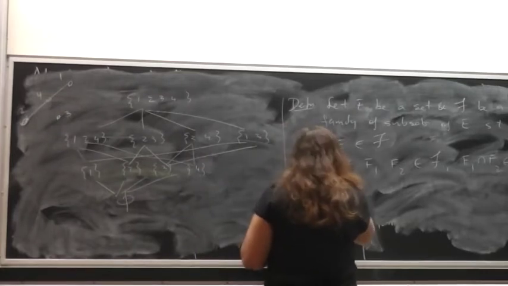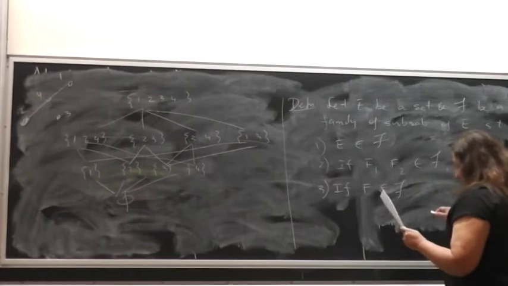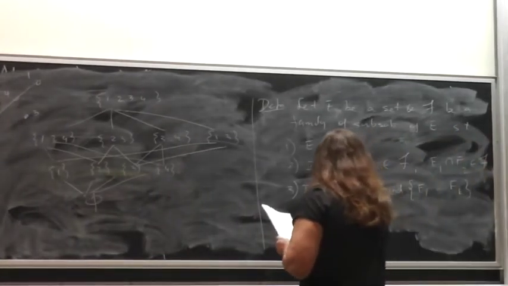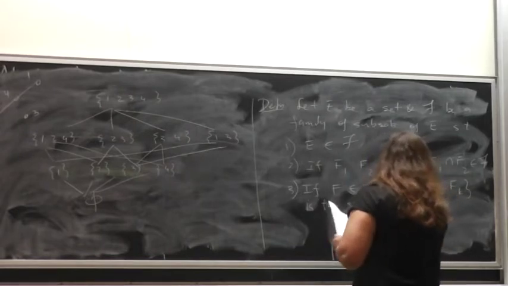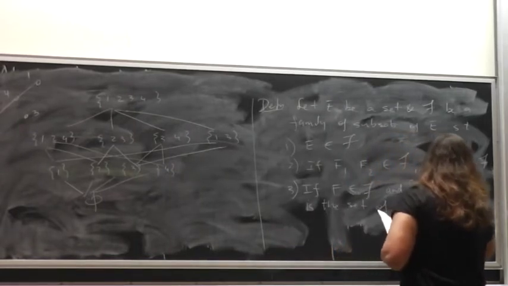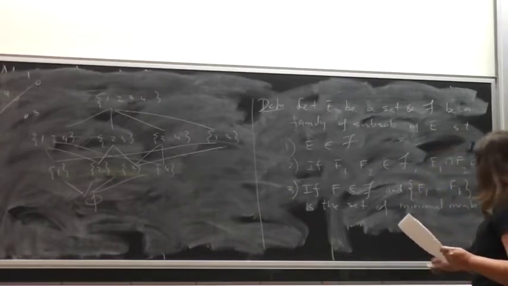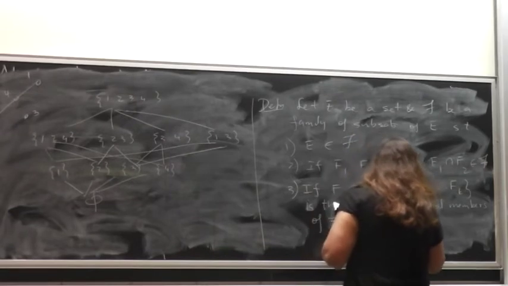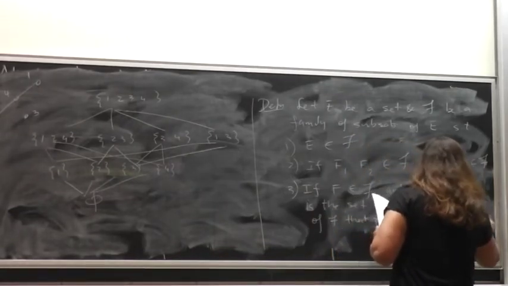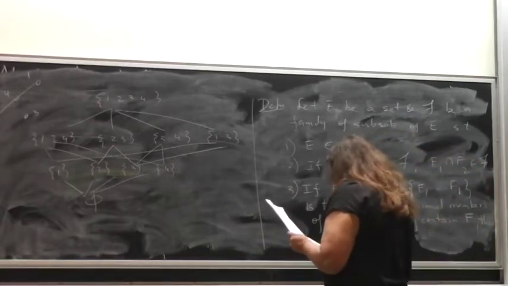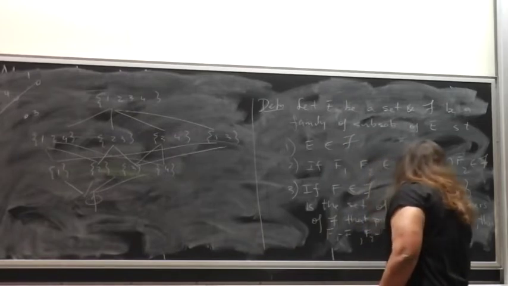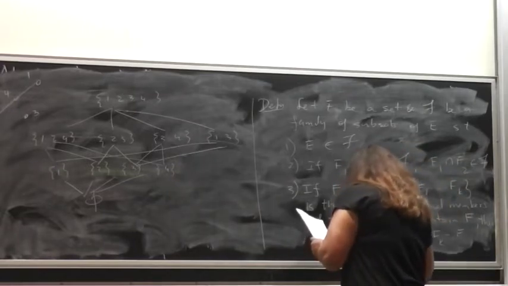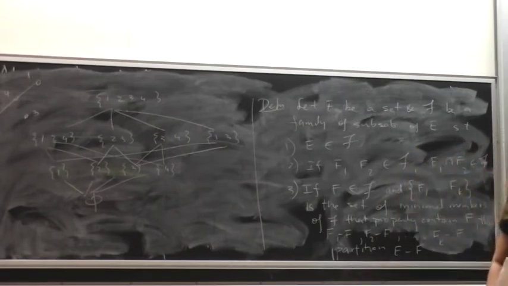And the third one encapsulates everything else. There's only one more instead of a whole bunch of distinct axioms on points and lines. And 3, if F is in the family, and F1 to Fk is the set of minimal members of F that properly contain F, then F1 minus F, F2 minus F, through Fk minus F partition the set E minus F. It's a little bit long, but it encapsulates all the other axioms.